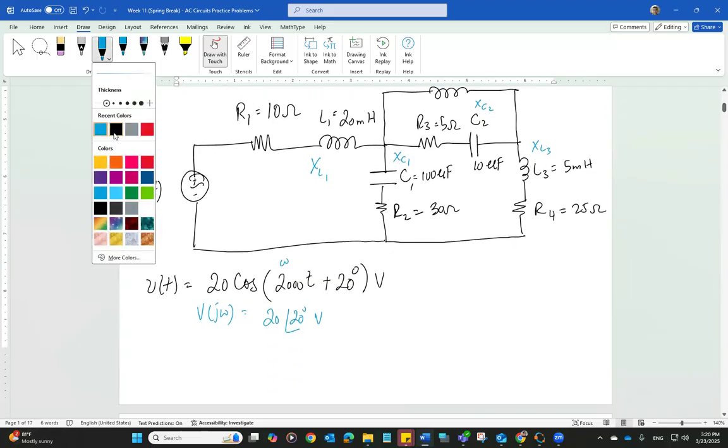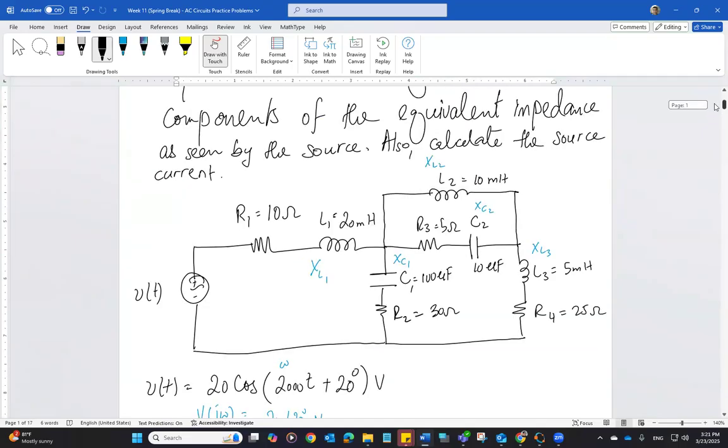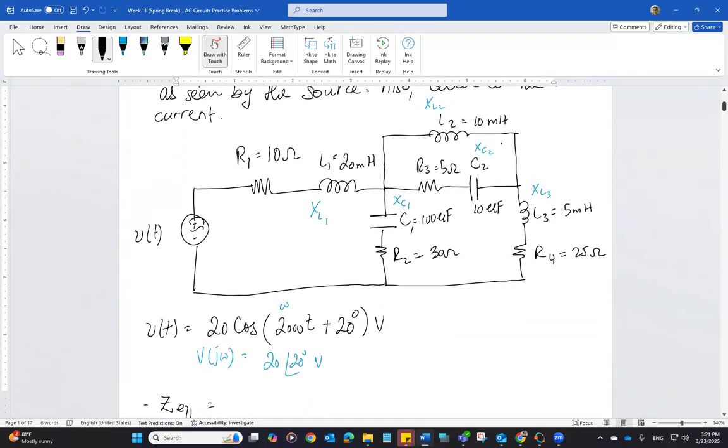So again, after you perform the analysis, basically just write down the equation, what you're looking for. So for the equivalent impedance, Z equivalent is going to be what? It's going to be XL2 in parallel to R3, and then that will be in series with XL3 and R4.